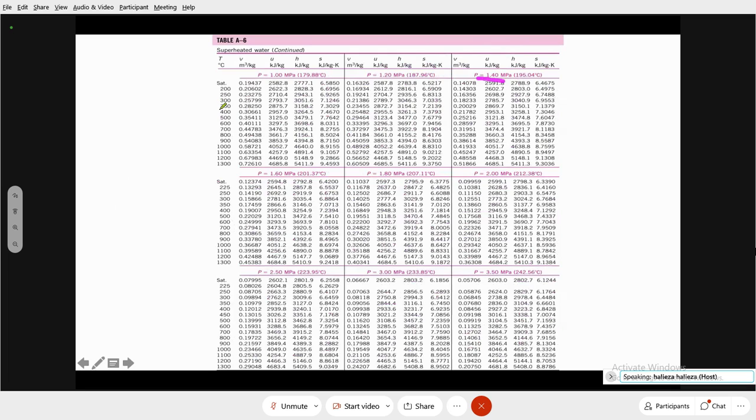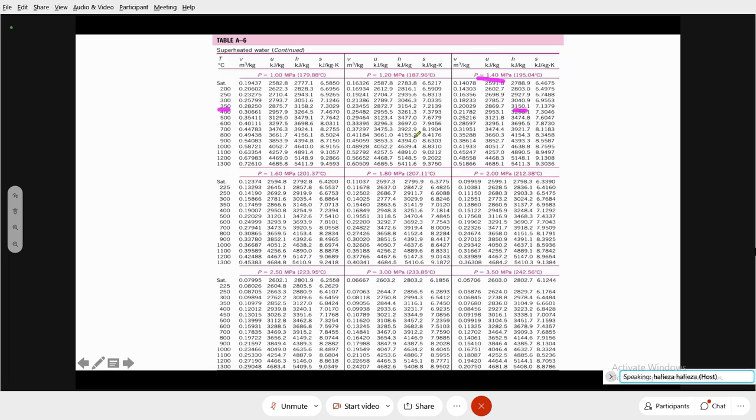That's 350. So what is the enthalpy? If you draw a straight line along here, where is the enthalpy? That is 3150.1. The unit is kilojoules per kg. Okay.